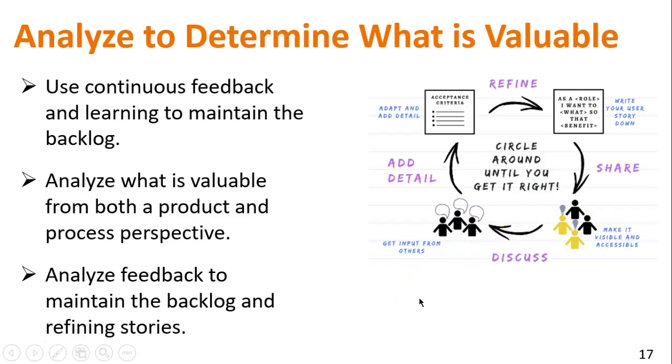It's always about until we finally deliver something, we're constantly going to be refining it, discussing it, adding more information to it, analyzing that information, refining the information, sharing and discussing the information, and that keeps going until we're satisfied that we've got it right.